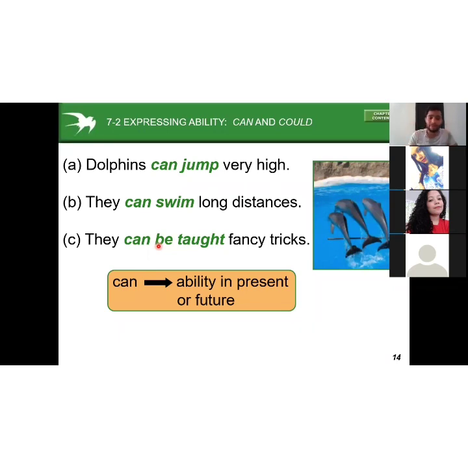They may learn them in the future, some days or some weeks or months afterwards. So they can be taught fancy tricks. We use can to talk about ability in the present and the future as well.